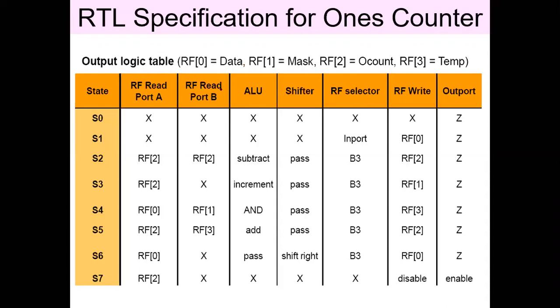So in this particular case, we need the variables temp, output count, mask, and data. In the output logic table, first we specify that we have a register file. In that register file, register 0 is data, register 1 is mask, register 2 is count, and register 3 is the temporary variable.